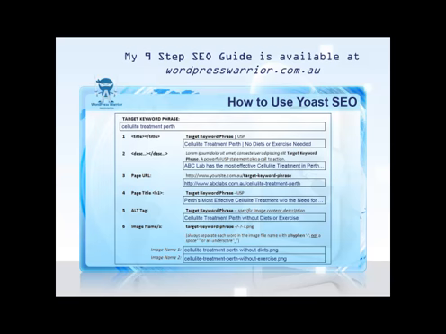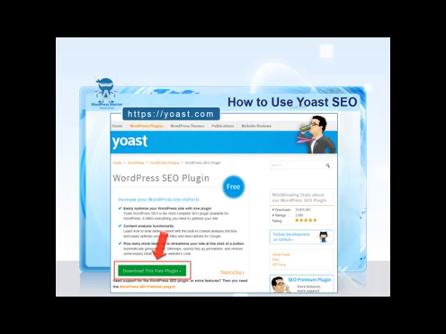However, if you are indeed using WordPress, then you can also use Yoast SEO. And the guy that runs Yoast over in Norway has created a fantastic plugin here for WordPress that allows you to get your search engine optimization for any page on your business website absolutely perfect and so easy as well.